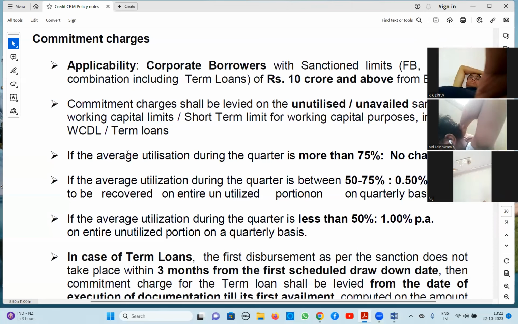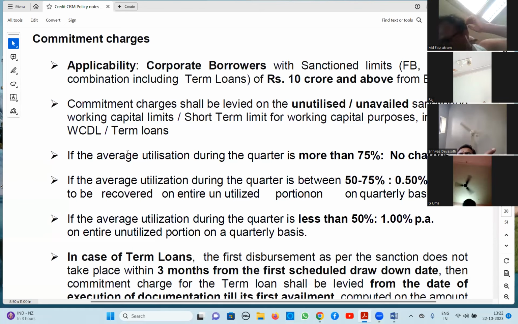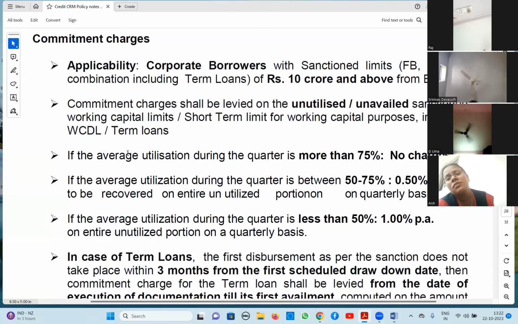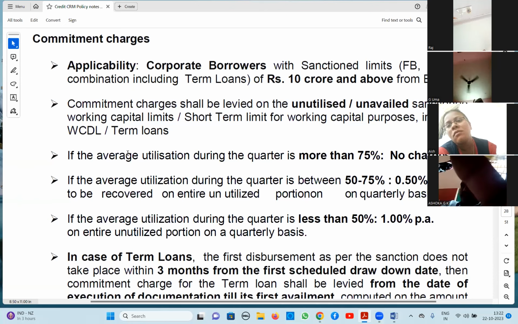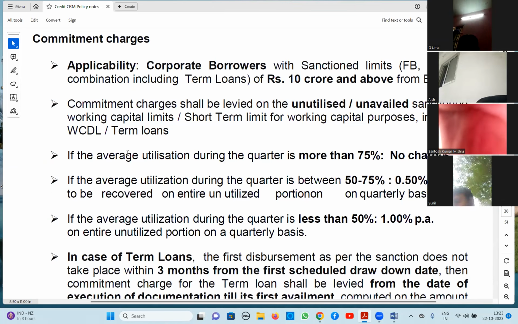On unavailed portion only we charge commitment charges. Suppose average utilization during the quarter is more than 75%, that means 100 crores we have sanctioned working capital limits, CC limits, party has availed 75 crores average during this quarter, then no charges. If party avails at least 75%, no charges.